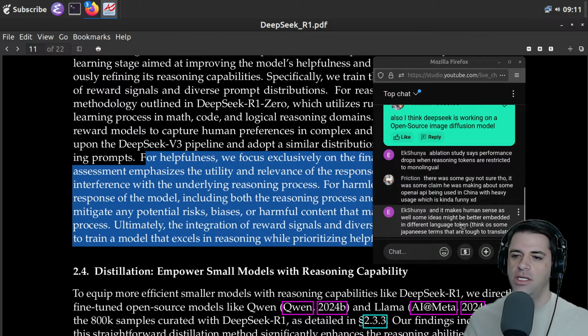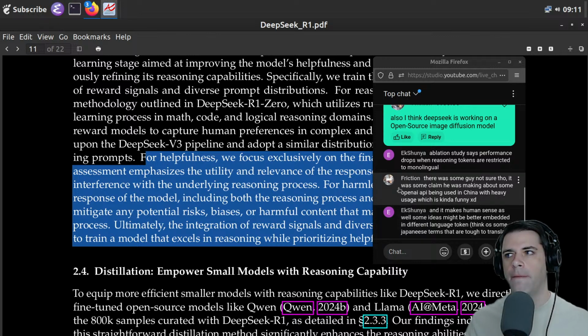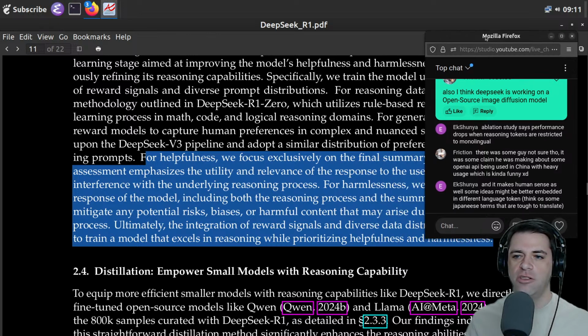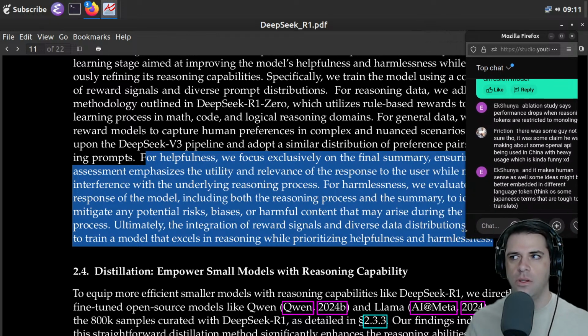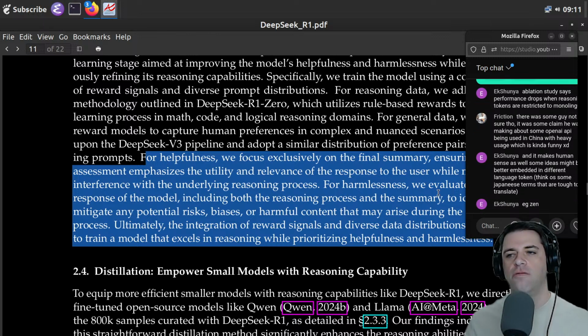And it makes human sense as well. Some ideas might be better embedded in different languages. Yeah, I think that's true. I'm not entirely surprised that thinking in different languages can give you better results. For example, say in the 70s and 80s, or we can go further back, academic results aren't always translated into different languages.